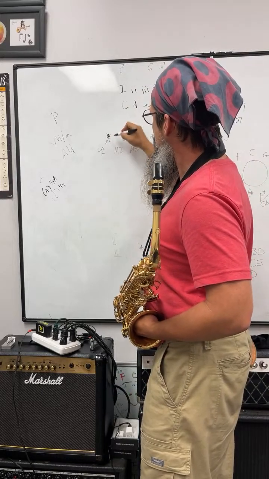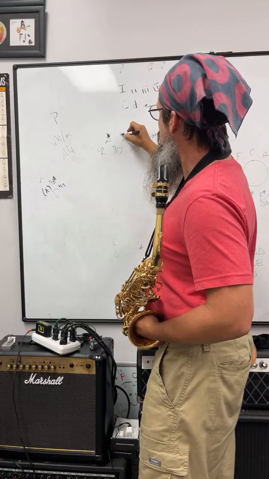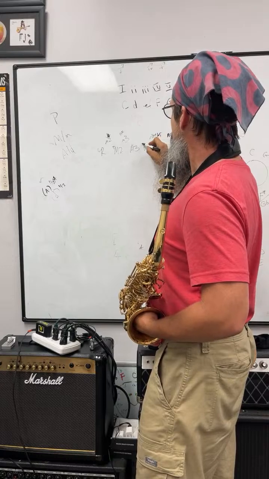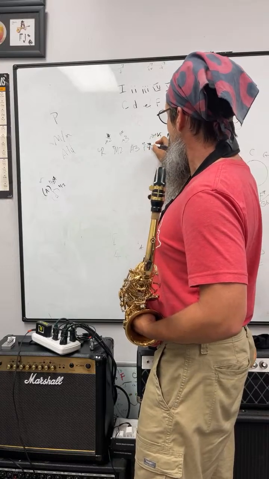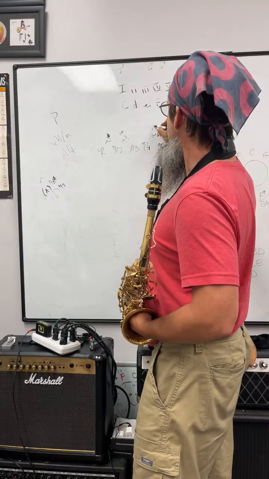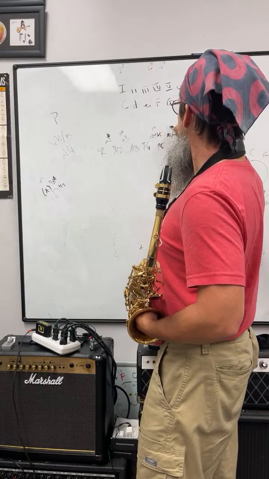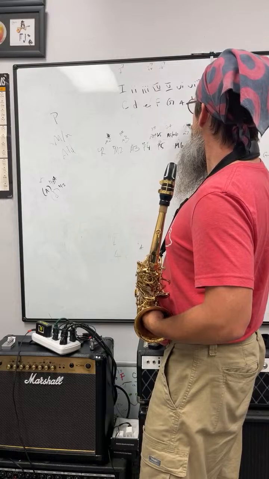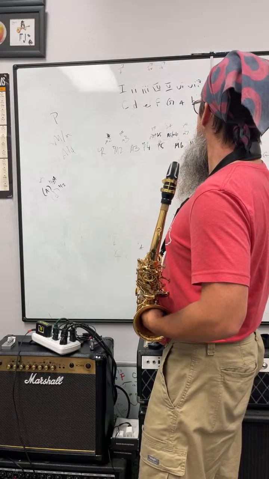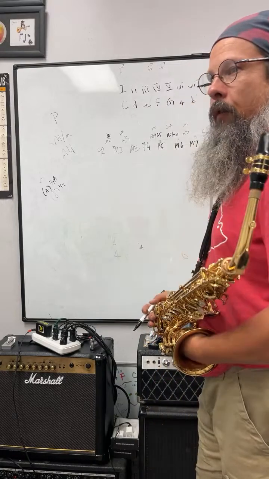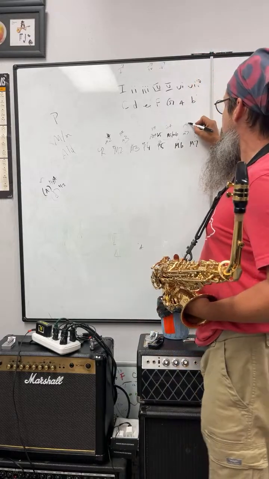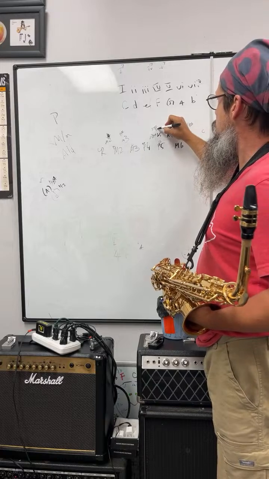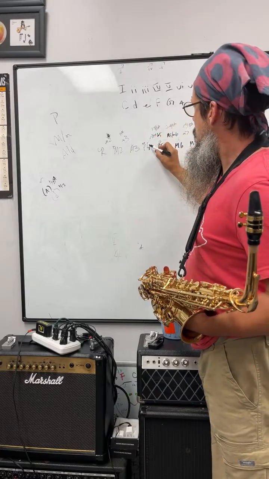C, C sharp, D, D sharp, E, E sharp, which is also F, F sharp, G, G sharp, A, this is A sharp, and then B, and then it goes back to C. Well, if you diminish them all, you have B flat, A flat, G flat, F flat.